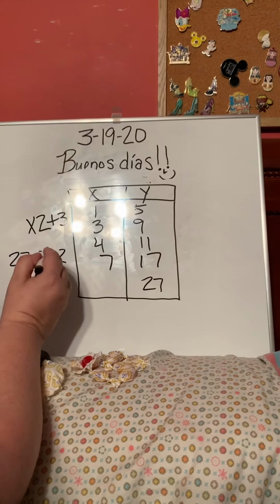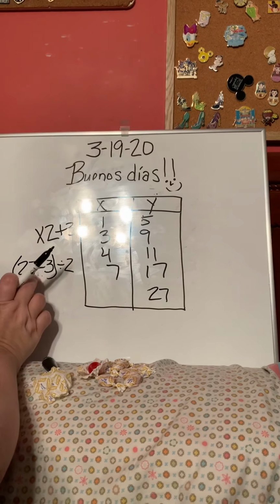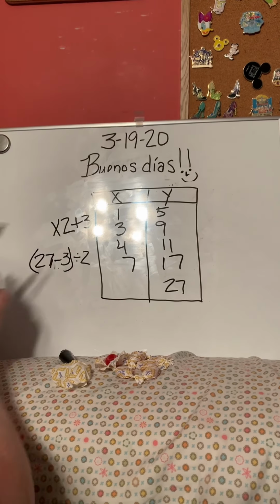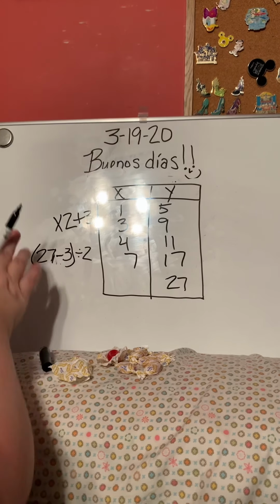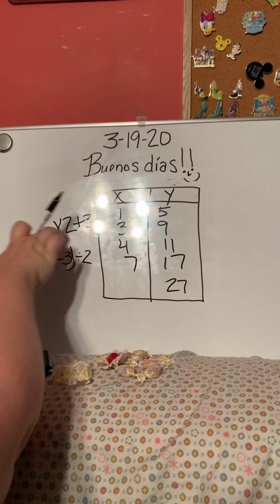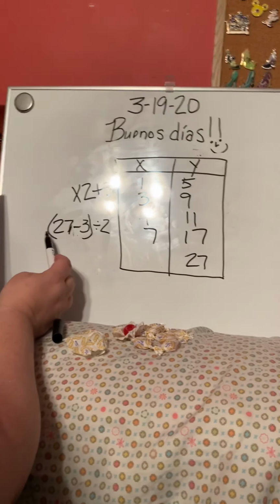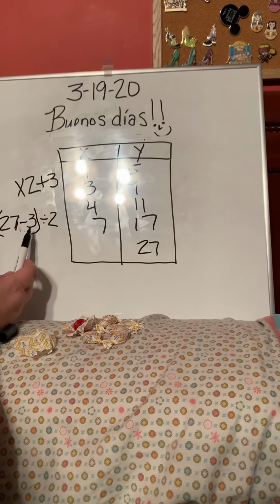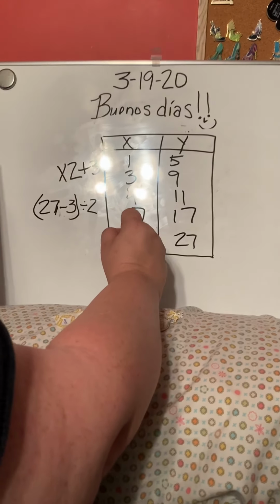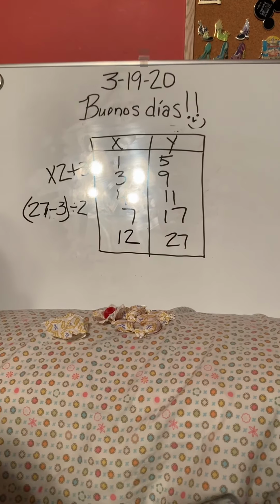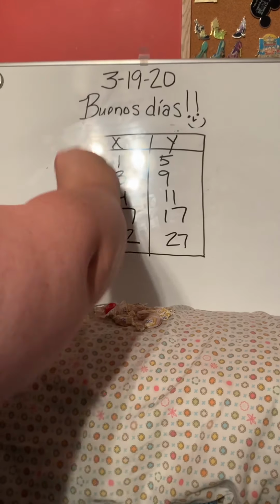This is the only time where you need to make sure that you do it in the subtract then divide order, because you're doing the opposite of how you got to the answer in the first place. So 27 minus 3 is 24, and 24 divided by 2 would give you 12. Okay?